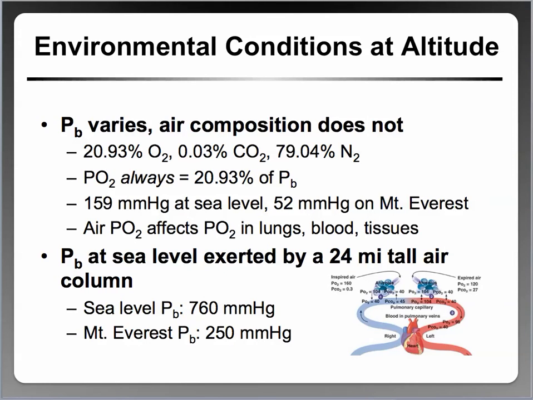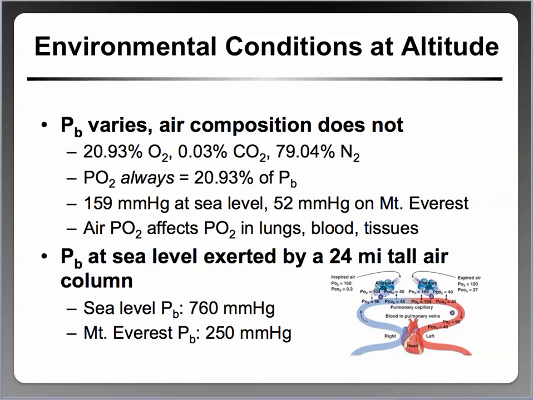Now if we go back here, and if you take a look at the picture of the heart and the lungs there, I want you to take a look at the left-hand side so you can see inspired air, partial pressure of oxygen is, in this figure it's 160, we're going to call it 159. If you take a look at what's at the alveolus, partial pressure is 104.